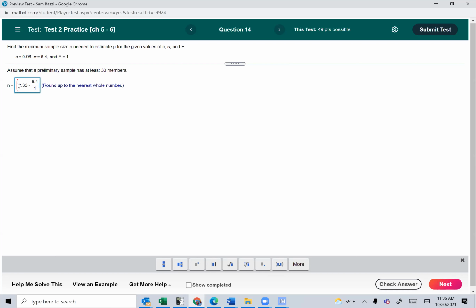And then I'm going to close the parentheses and raise to the second power. That's the formula. You will be provided with the formula. So that will be 2.33 times 6.4 divided by 1 and then raised to the second power. I got 222.367. Remember, you have to round up this answer, guys. So your answer should be 223 for this one.